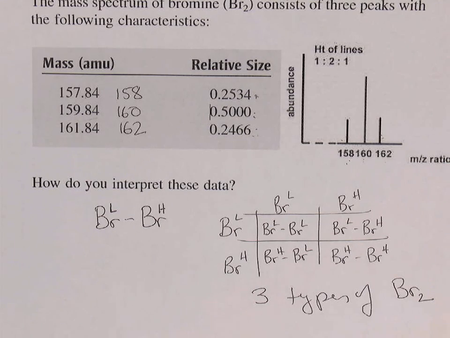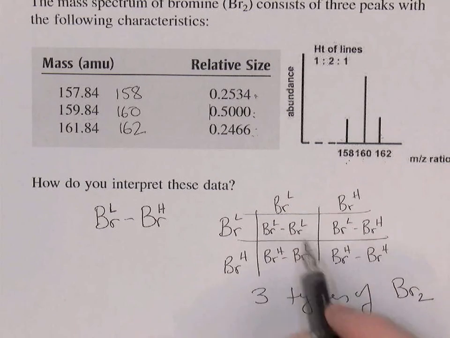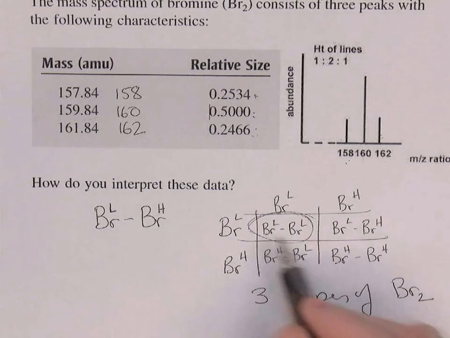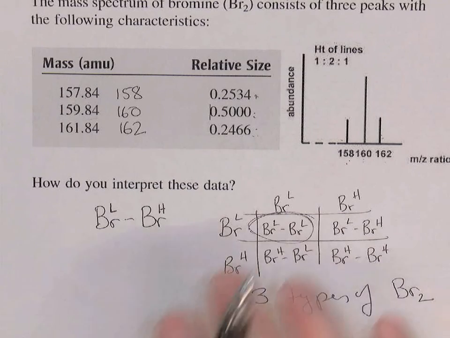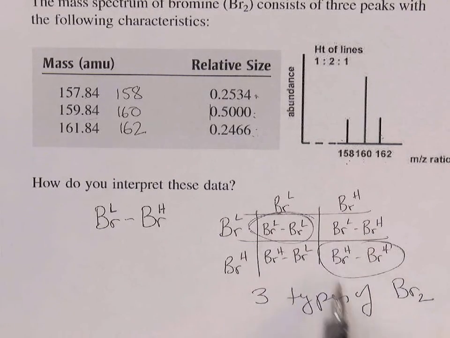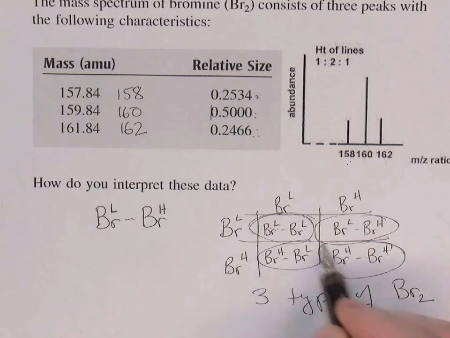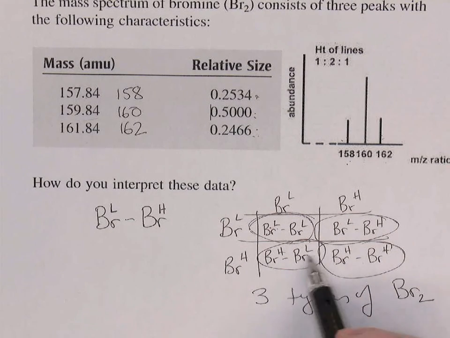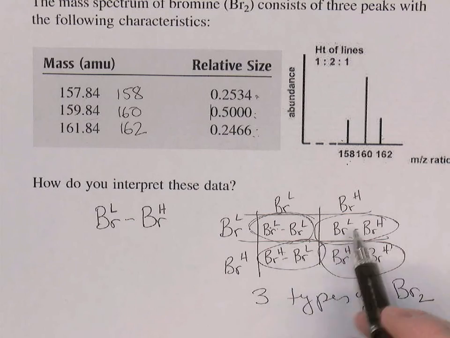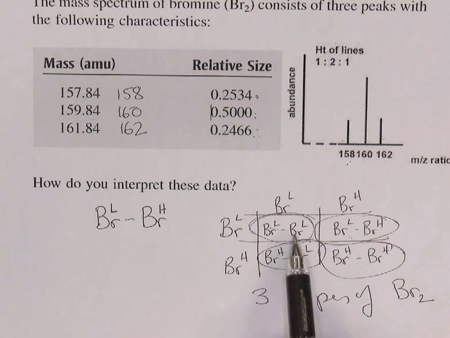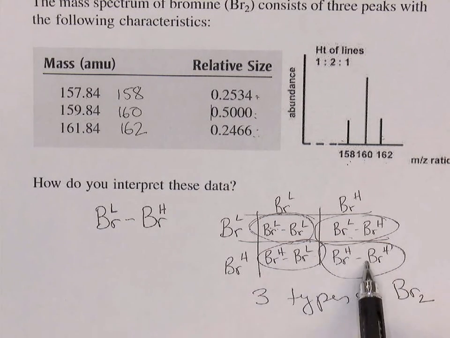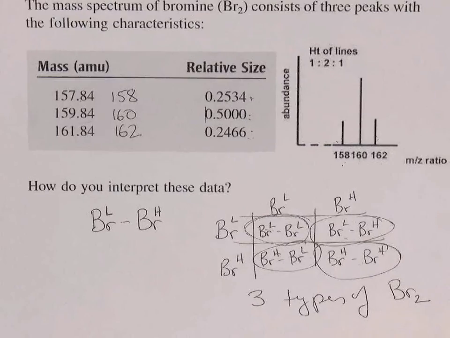And not only that, but look at their relative abundances. There's only 1 each of the light Br2 and the heavy Br2, but there's 2 of the mixed ones. So we would expect a ratio of 1 to 2 to 1, which is what we see in the spectrum.